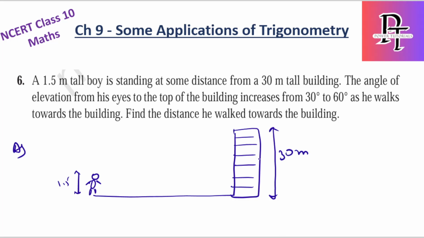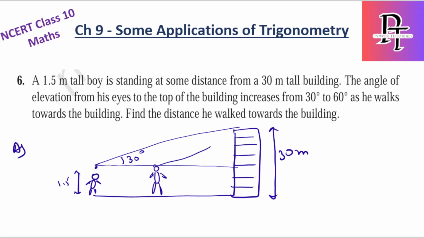The angle of elevation from his eyes to the top of the building increases from 30 to 60 as he walks towards the building. Let's suppose he is walking from this point. Starting, his elevation is 30, but as he keeps on moving, suppose he reached this position.